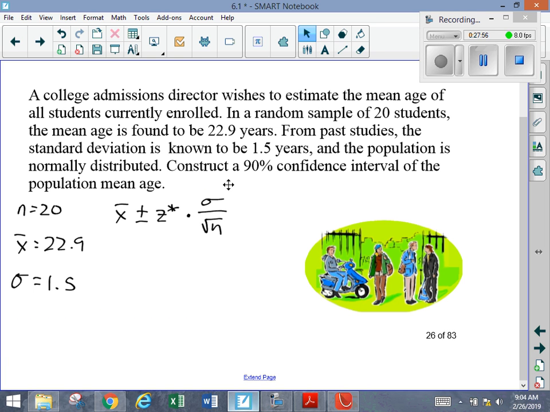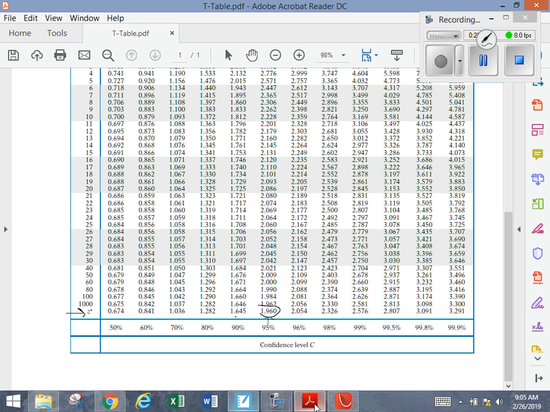Alright. We have everything that we need to do this. In this case, x bar is 22.9 plus or minus. Let's find the z star value for 90% confidence. We'll go through our t table and look at 90% confidence, so right here.